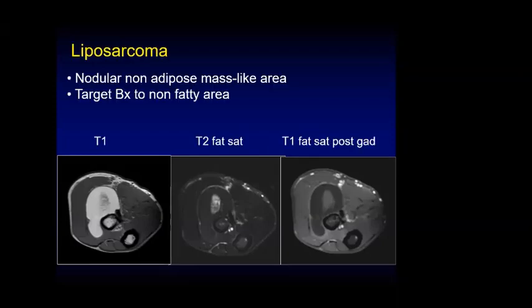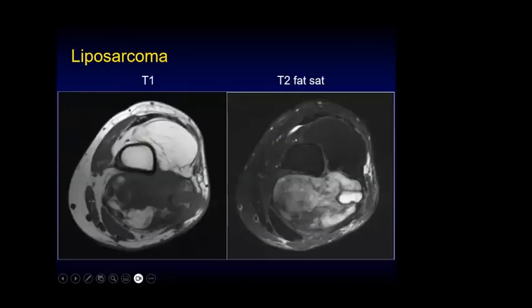This is your typical appearance of a liposarcoma. It's a lipomatous lesion. If you remember the one we looked at, a simple uncomplicated lipoma, there was homogeneous fat saturation. Here we don't have homogeneous fat saturation because we have a nodule in the middle that is not suppressing and it's enhancing. So that is a worrisome appearance of a liposarcoma.